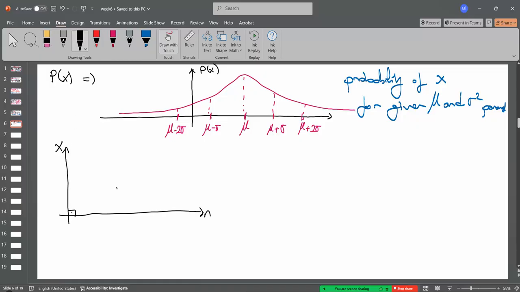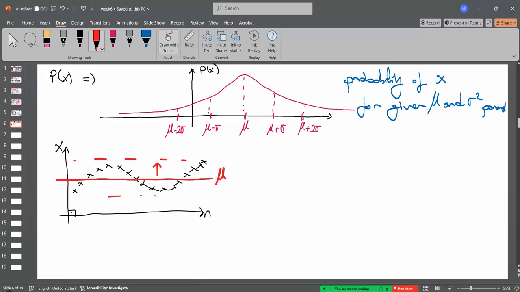Okay, and so what are our parameters? Our data set is distributed just like this one. This is the mu value in here, and this is the range of the standard deviation.